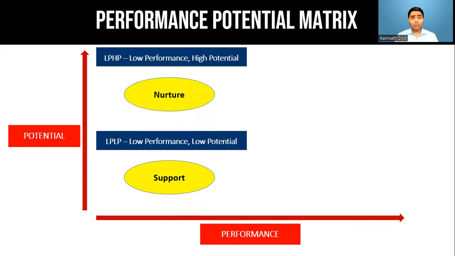With regards to low performance, high potential, as I said, this is a category which is defined by a promising future. The current performance may not be that great, but the future looks awesome. So what do you do here? You nurture relationships with them. You work with them. You continue to build association with them. Remember, as their market share increases, your revenues with them are also likely to go up.